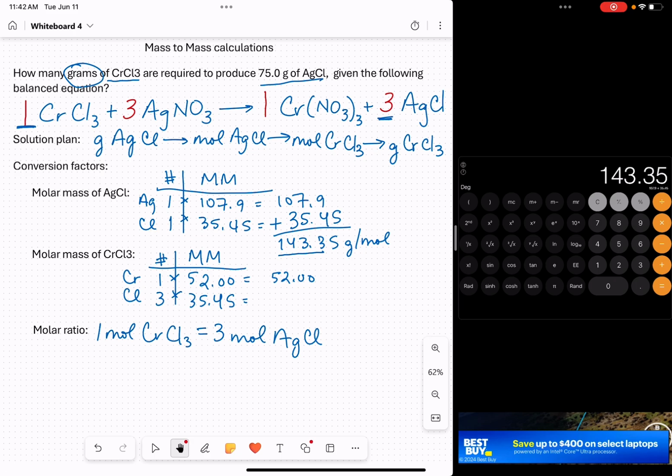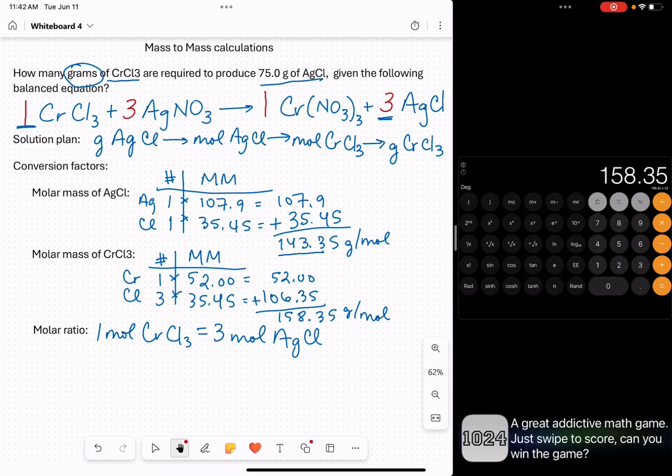And then 3 times 35.45 is 106.35. So adding that to 52 is 158 grams per mole. And I can keep all of those numbers if I wish to, because there was 2 decimal places in both numbers.